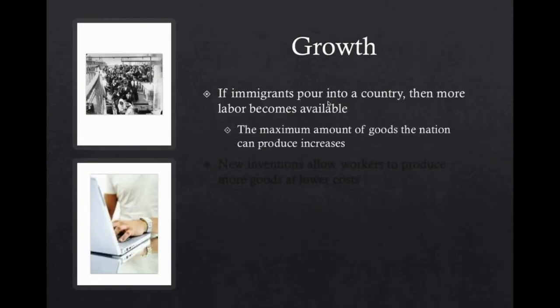But growth could be caused by a large influx of immigration, which can increase the workforce. So now your natural resource and factor of production of labor has increased. The maximum amount of goods the nation can produce increases because you have more people available to work the assembly lines, whatever the process of production is.